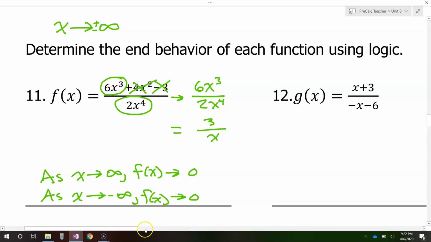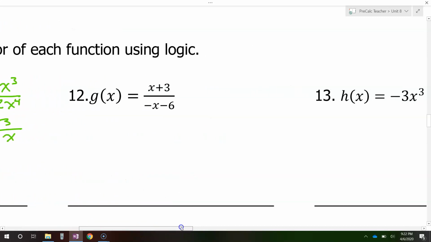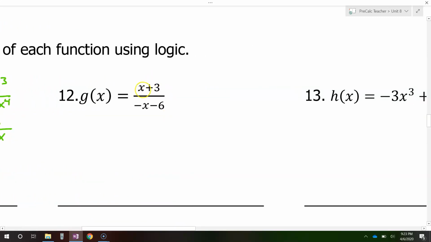All right, moving on to problem number 12. Again, as x approaches infinity or negative infinity, the 3 and the -6 will become insignificant. All that will matter, as x gets bigger and bigger, if x is a million, the difference between a million and 1,000,003 is becoming insignificant.